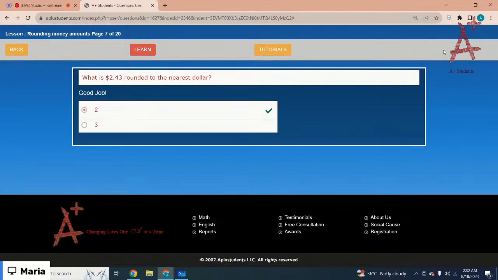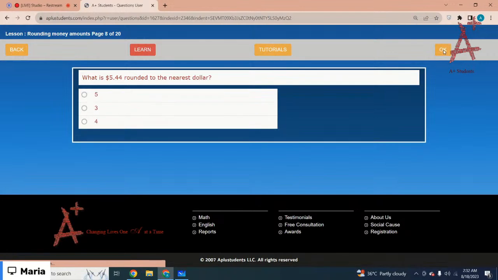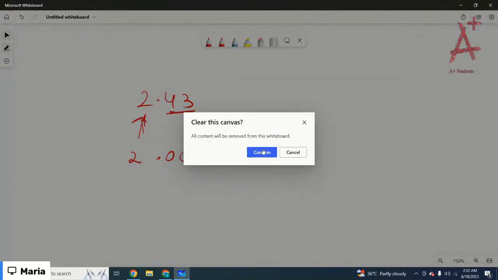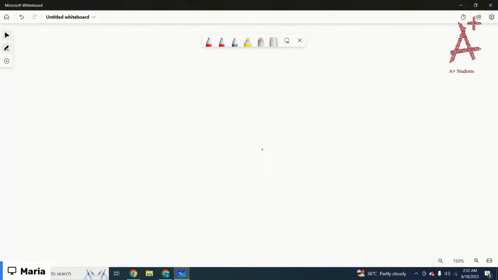Okay, the next one is, what is 5.44 rounded to nearest dollar? Okay, you have to round off 5.44. Okay, just look at the dollar.